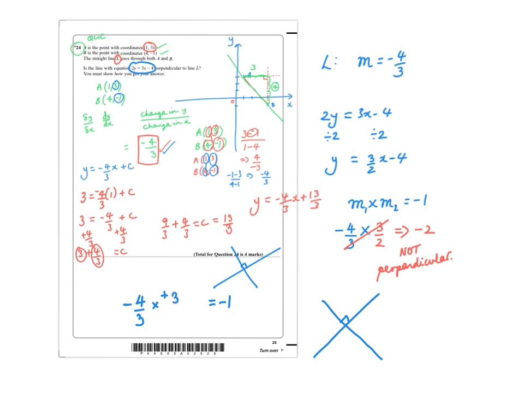Well, it would have to be 3/4. Now, we can see that 3/4 is not what I have here. I had 3 halves. So that's another way you can actually say it would have to have been 3/4 and it wasn't. But personally, I would just times the two gradients together, and if it's not -1, then it's not perpendicular. So that's how I would do that question.